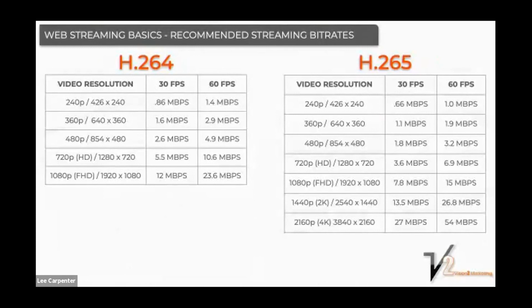It's almost double in most cases. So think about that when you're trying to show this audience. So if your audience is, you know, you're shooting a concert in somebody's living room and you're going out to an audience, do you really need 60 frames? It's probably going to look better if you shoot it in 30 frames or 24 frames because it just looks a lot more cinematic. Think about those things when you go into your setup and your stream output.